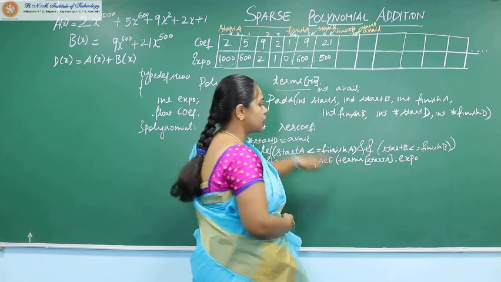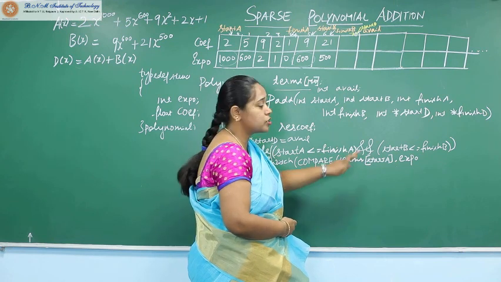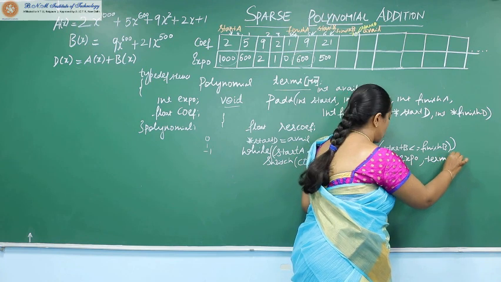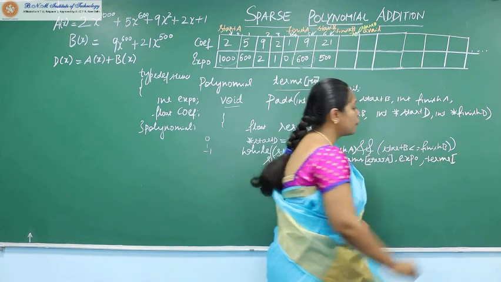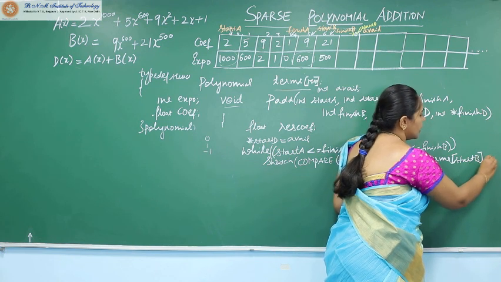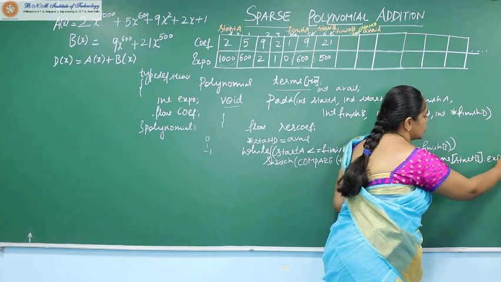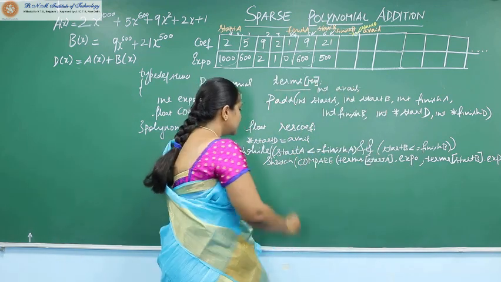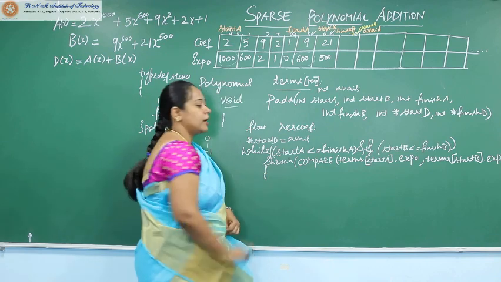So this gives me 1000 over here. Now I have to compare this 1000 with 600. So the second parameter is terms of start B, but again I'm not comparing the coefficient, I'm comparing the exponent, dot exponent. Now this switch case definitely has an opening brace.